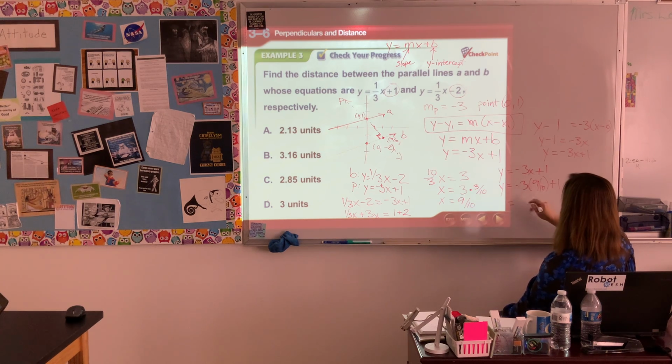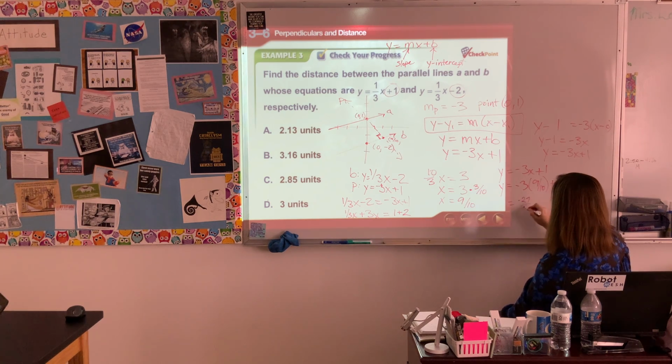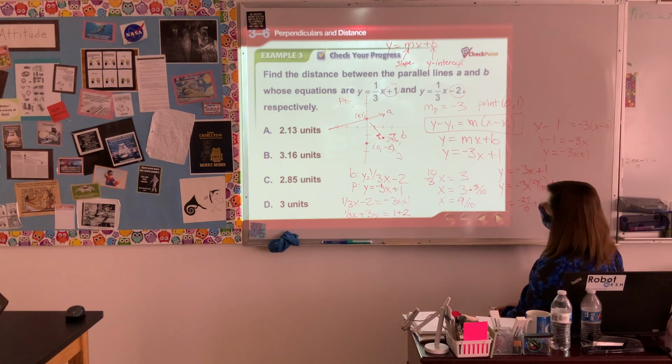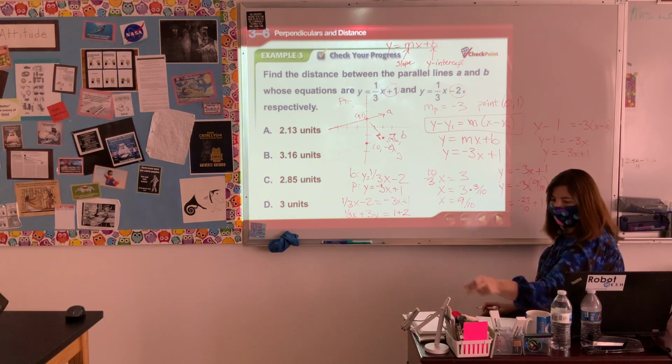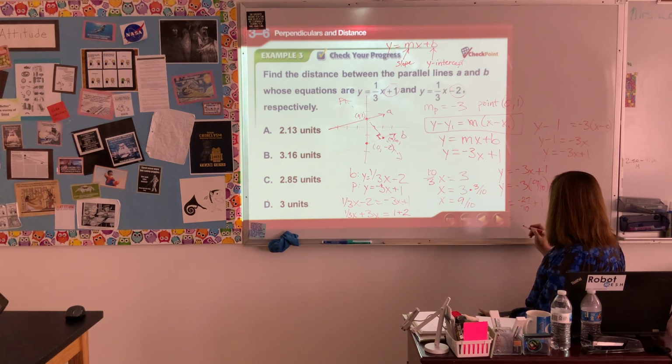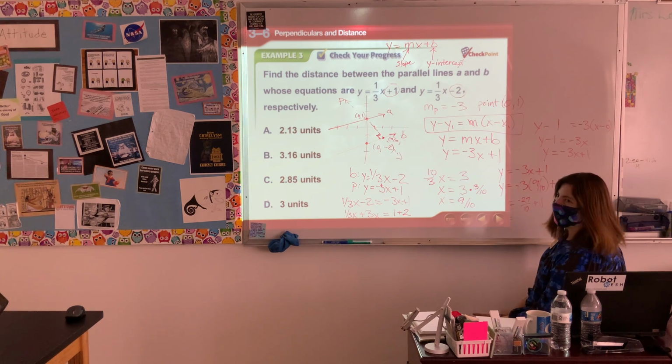This is going to be negative 27 over 10 plus 1, which, that's something that would be easier with a calculator by far. 2 7/10. This is 3 7/10. Did I do something wrong with this one?